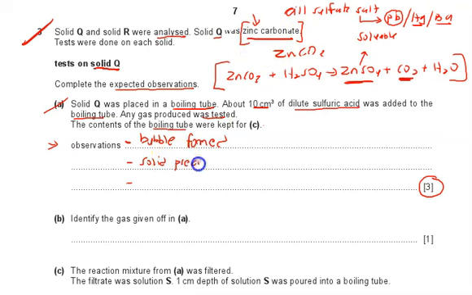Solid precipitate dissolves. The bubble formed is carbon dioxide, and they also included that any gas produced was tested. So here it will be lime water turns milky.